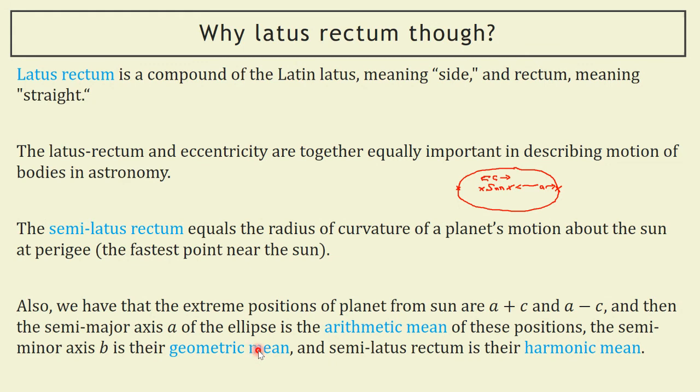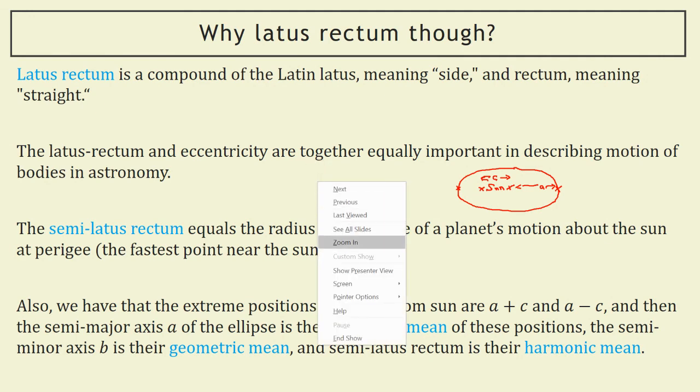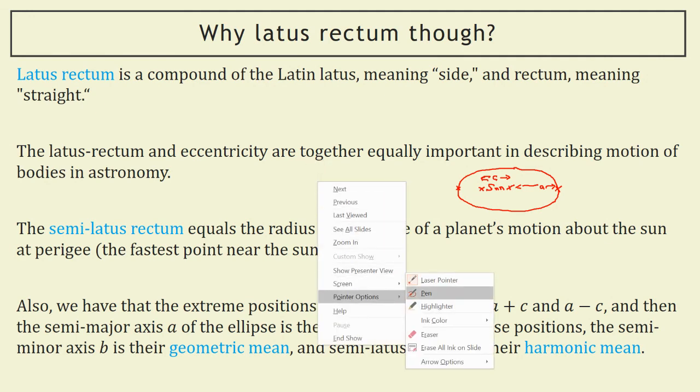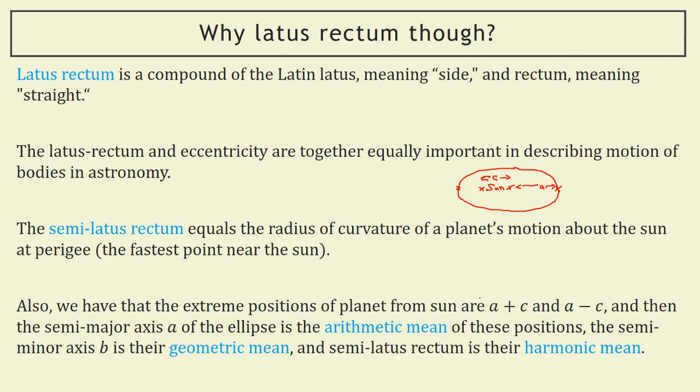The semi-minor axis is the geometric mean. Geometric mean is something you don't tend to think about an awful lot when you're just looking at averages, but there are other forms of the mean. The geometric mean involves multiplying the two things together, or if you had more than two things, multiplying three, four, five things together, and then taking the corresponding root.